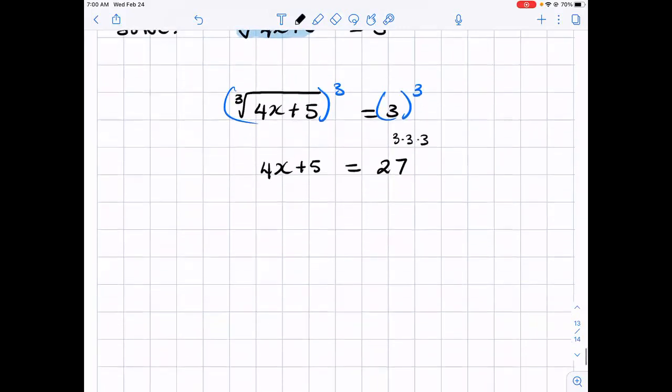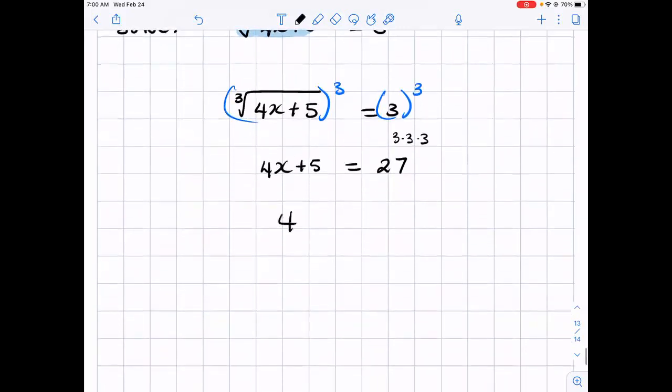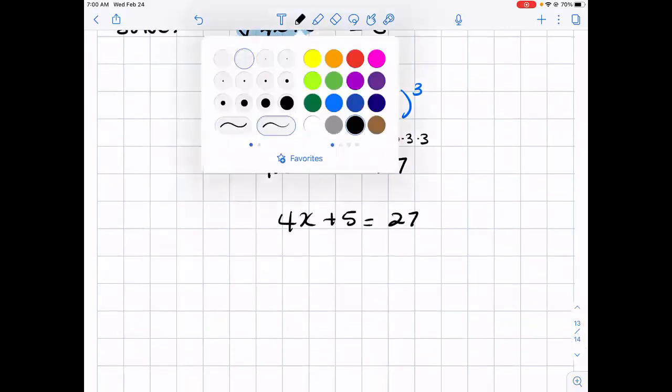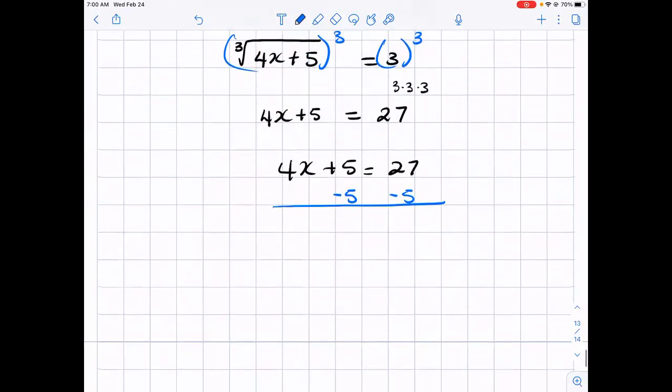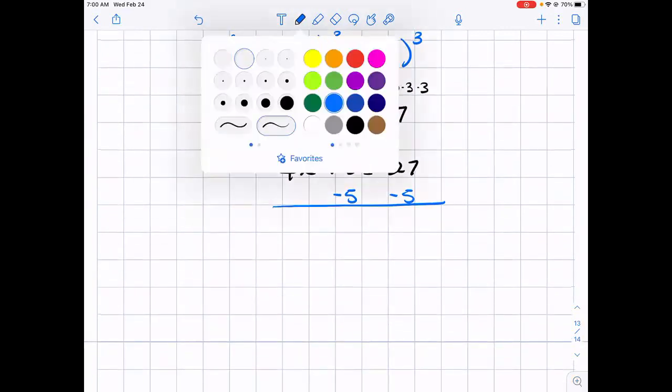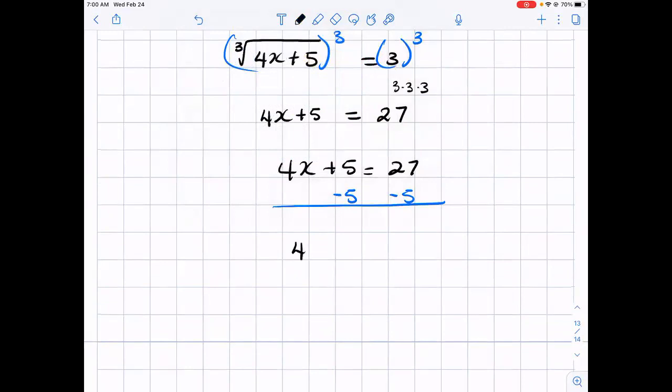And now we solve. To solve, we'll first get rid of the 5, so we'll subtract 5 on both sides. When we do this, the plus 5 and the minus 5 cancel, and we end up with 4x equals 27 minus 5, which is 22.